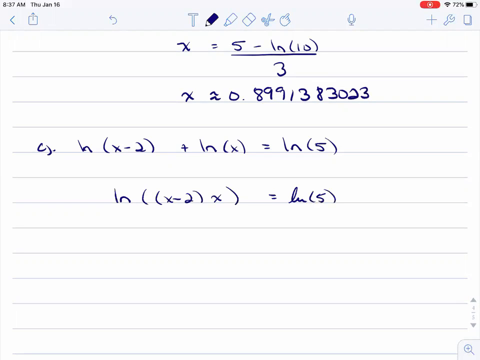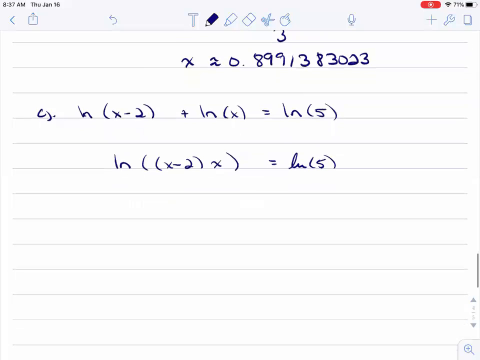And I'm going to start writing ln like that because it's too hard to write two separate letters. So now we've got the natural log of x minus 2 times x makes x squared minus 2x, which is equal to the log of 5.